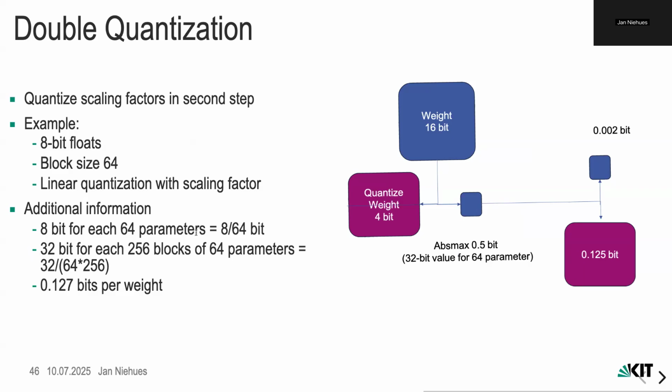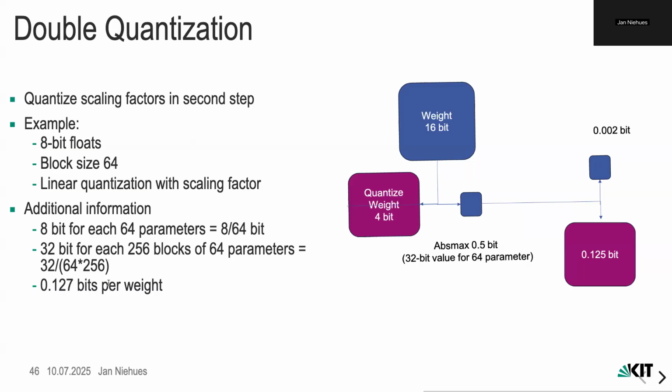So for each block, we store our 8-bit quantized scaling factor, so 8 divided by 64 bits. And then we store the meta scaling factor, the scaling factor of the scaling factors. There we have one 32-bit number for each 256 blocks, which each have 64 parameters.